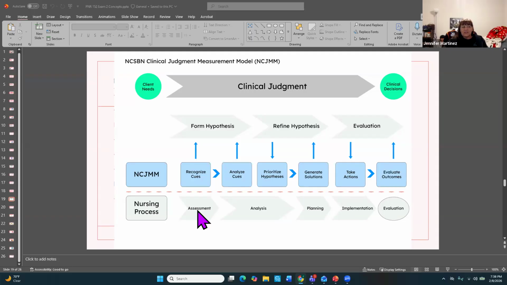So again, you do your assessment and take all that information. You're analyzing it and identifying what the needs of the clients are, and you're putting them in order of importance, right? What are the most important needs for my client? Your planning is developing those short-term and long-term goals.